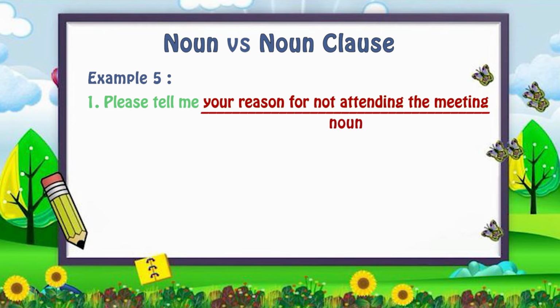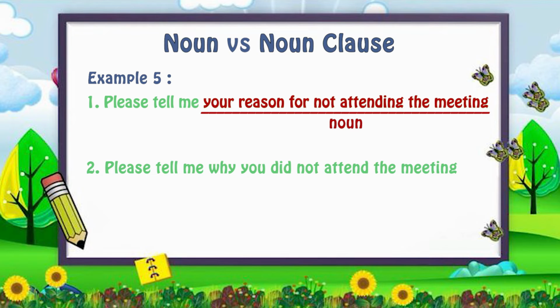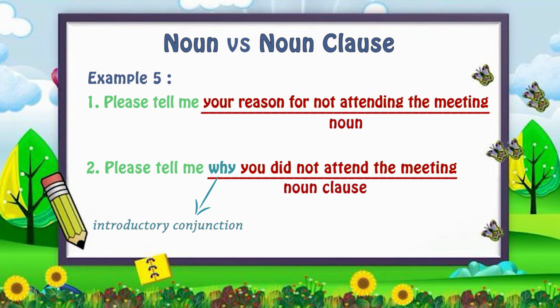Please tell me why you didn't attend the meeting. So your reason for not attending the meeting changes into why you did not attend the meeting. The underlined words, why you didn't attend the meeting, are the noun clause.